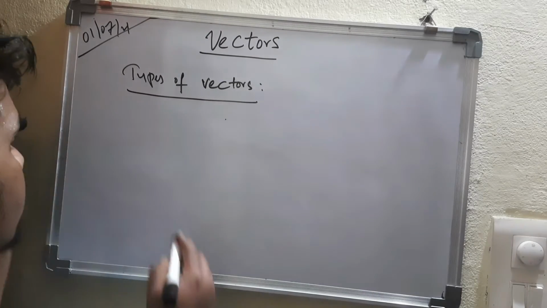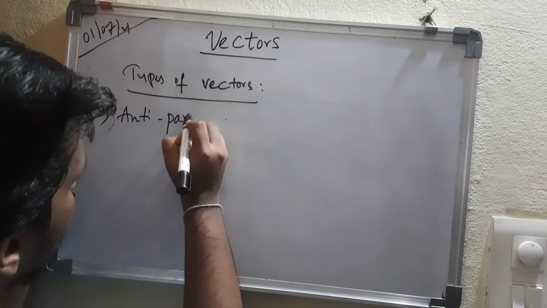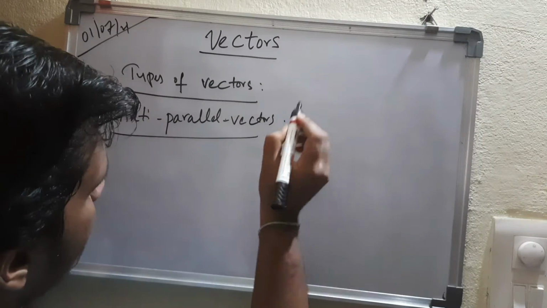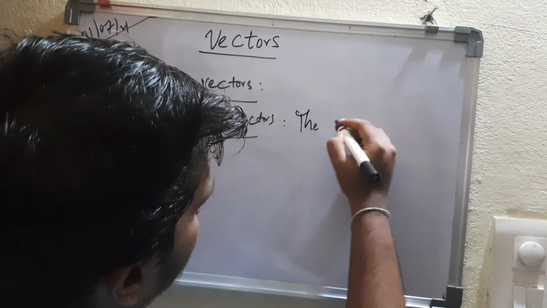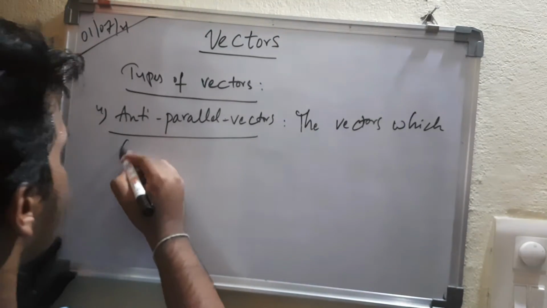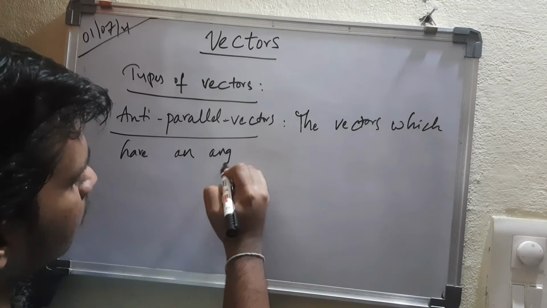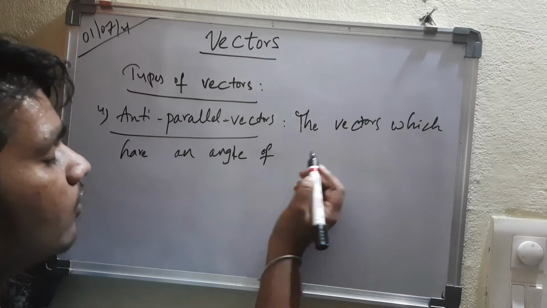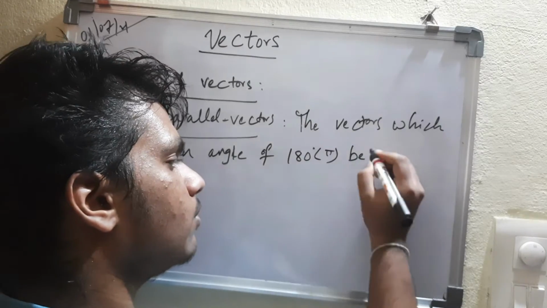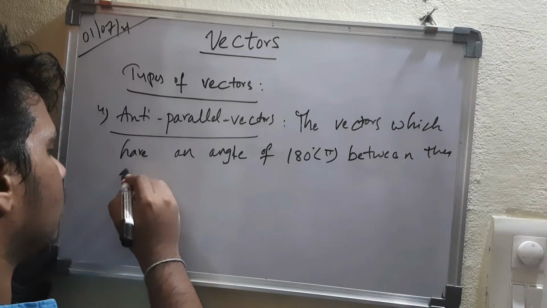Now coming to the anti-parallel vectors. The vectors which have an angle of 180 degrees between them are called anti-parallel vectors.